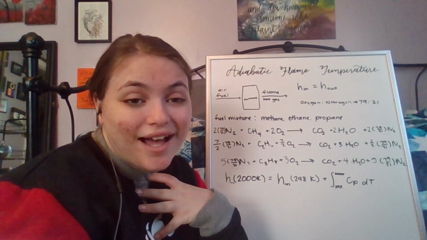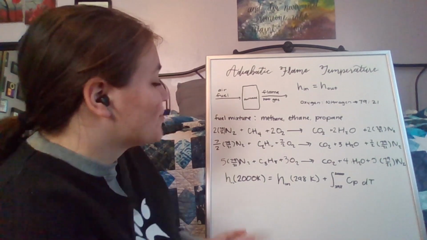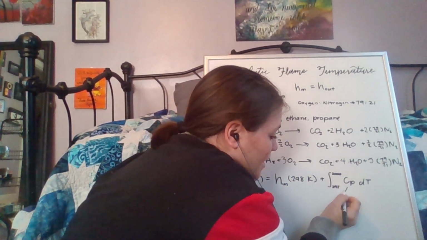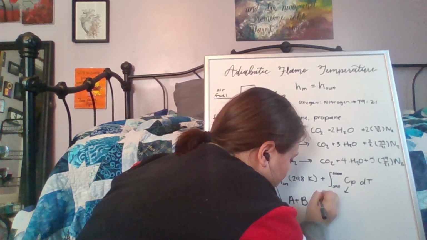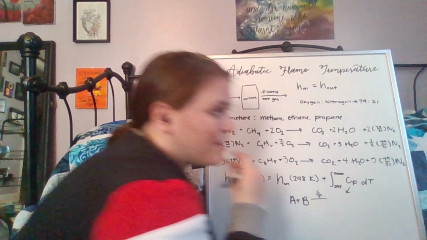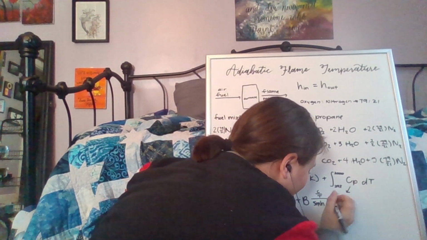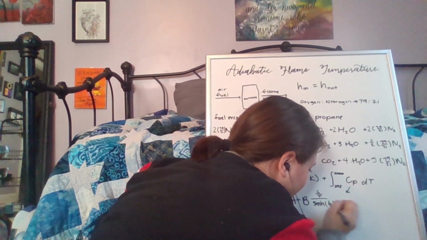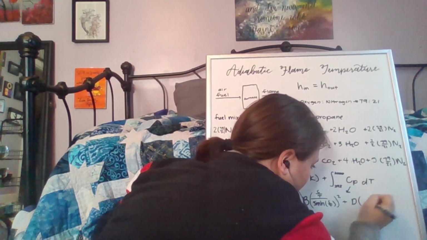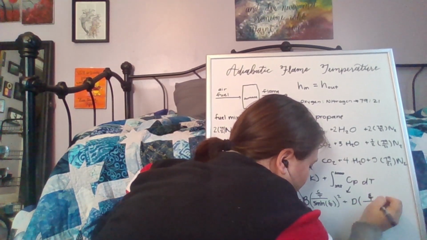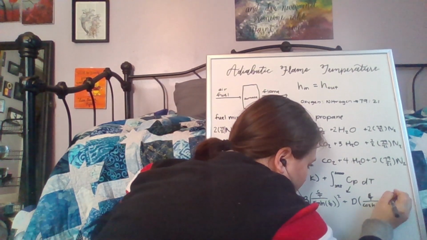You can look up the equation. I already know it, and I don't want to waste your time searching for it, so I'm just going to write it. That CP can be calculated as A plus B times (C over T over sinh of C over T) squared, plus D times (E over T over cosh of E over T) squared.